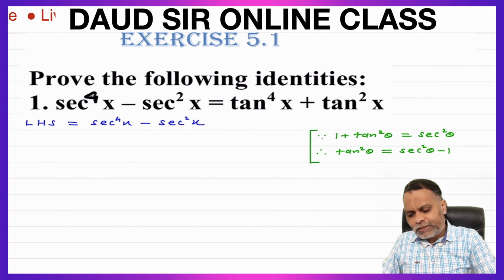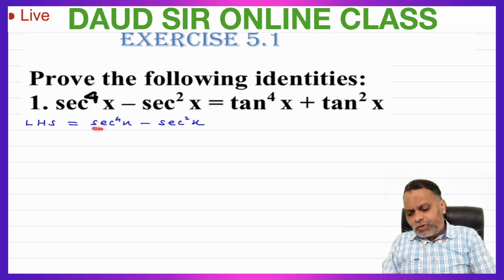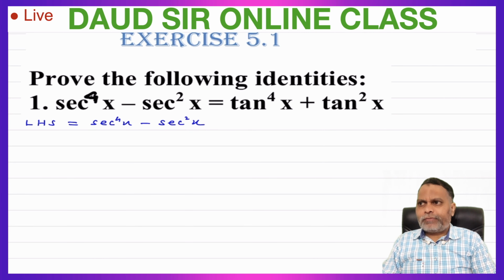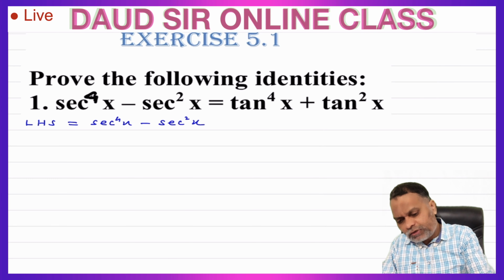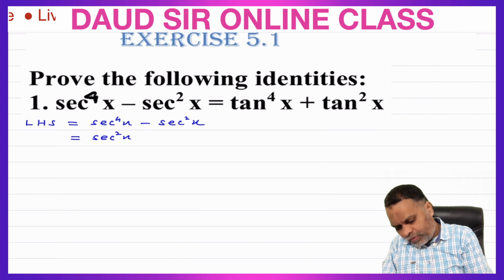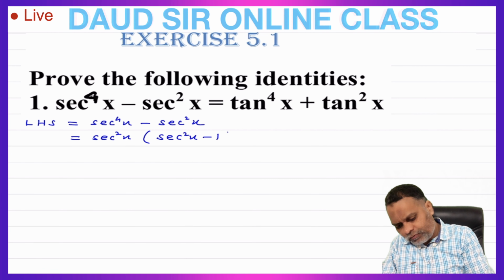For changing sec raised to 4x minus sec square x, in both the terms sec square x is common, so first take out sec square x common. Sec square x common, here sec square x left, minus 1.